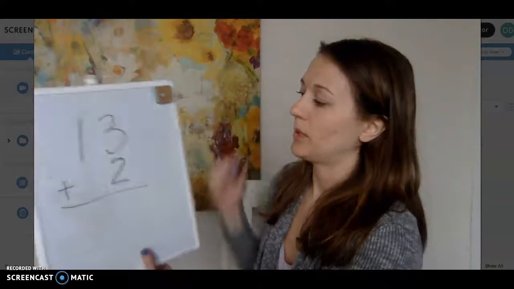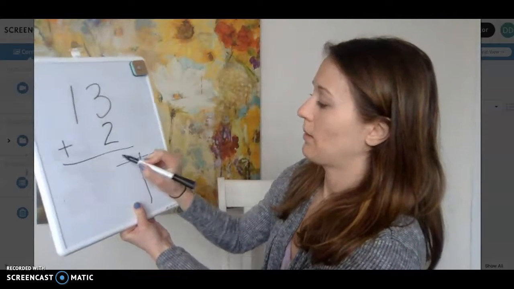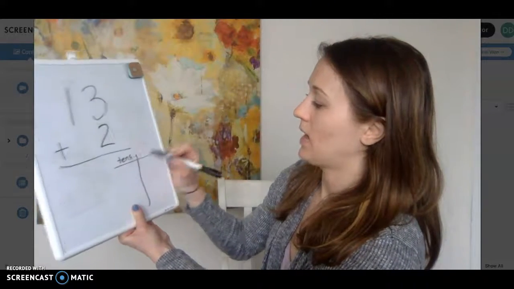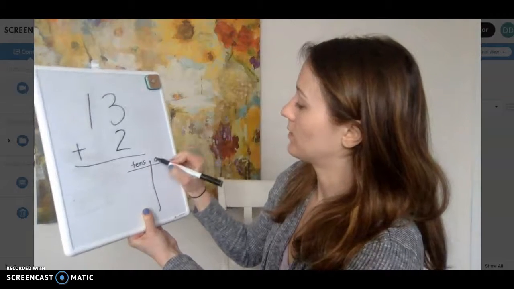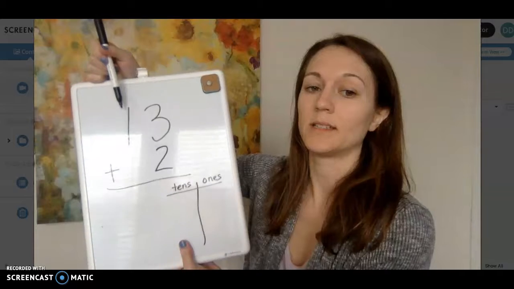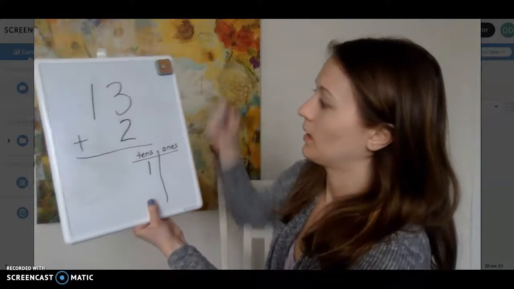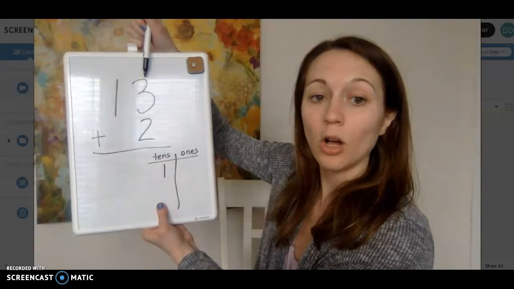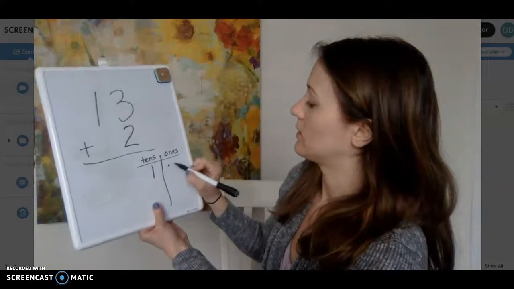So if my number is 13, I can draw 13. I can also draw 2 using base 10 blocks. So the number 13 has a 1 in its tens place, so I'm going to draw 1 ten. The number 13 also has 3 ones, so I'm going to draw 3 ones.